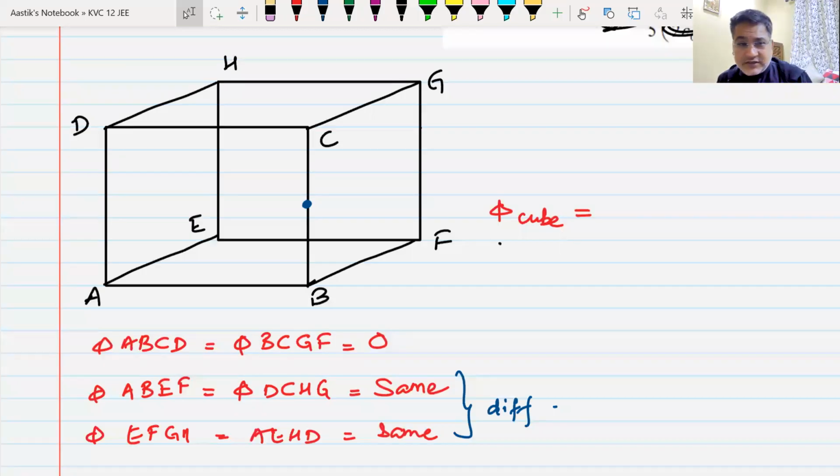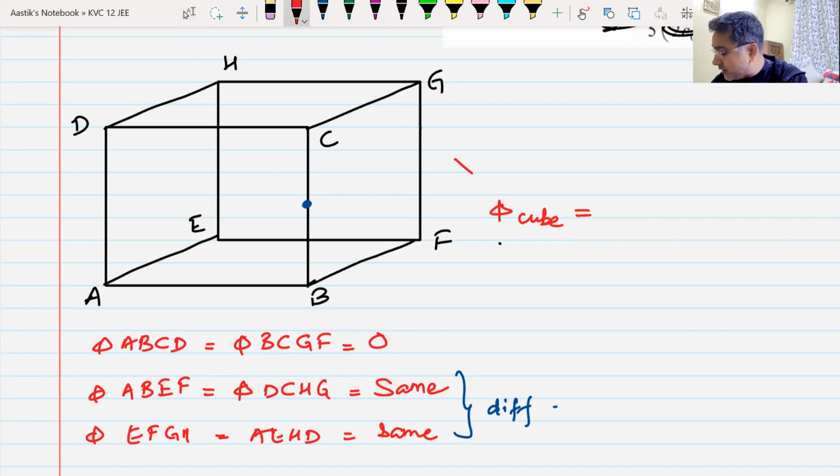So basically, to enclose it, I need 4 cubes, my dear friend. How many cubes do I need? 4 cubes to enclose it fully. And therefore the flux through this one cube is Q by 4 epsilon naught.